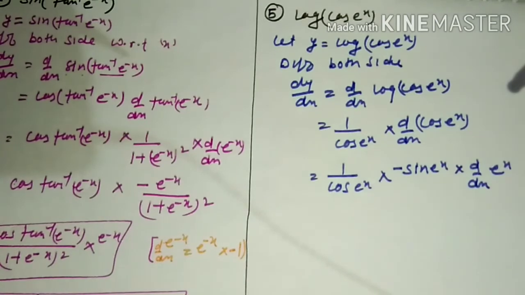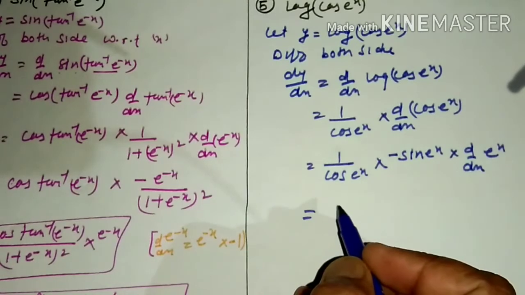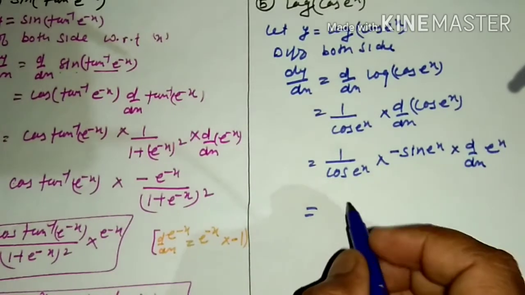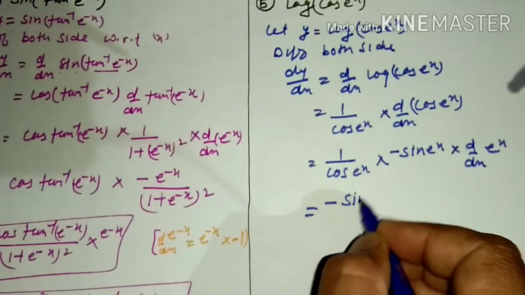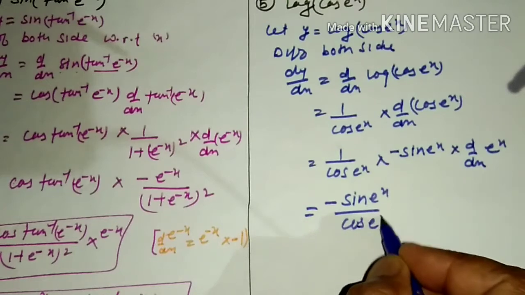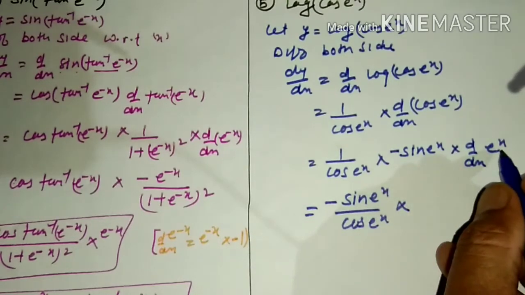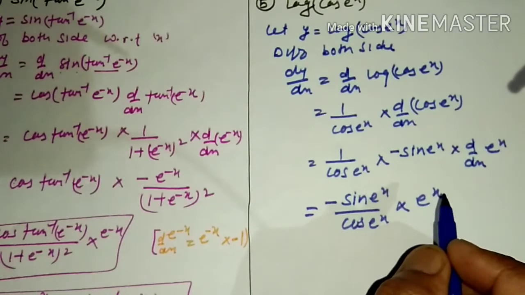Clear? So we can write it as minus sin e to the power x upon cos e to the power x into e to the power x.